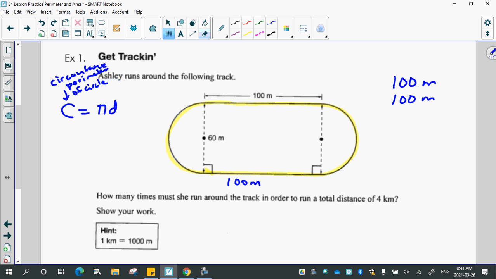It stands for circumference. Okay? Circumference is the perimeter of the circle. So to get the perimeter of the circle, we put those two edges together. We do pi times the diameter, which is 60. So 60 times pi is 188.5, approximately.